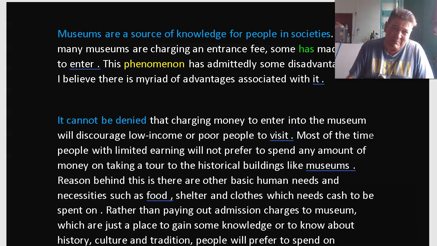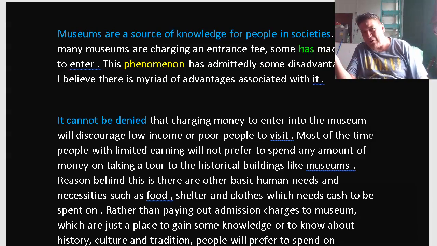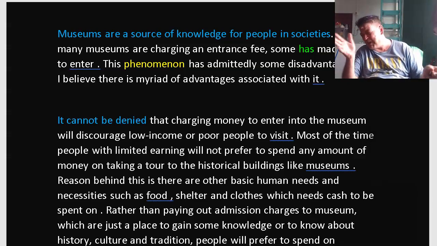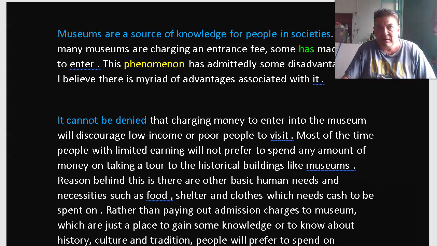"Most of the time, they don't prefer to spend money on taking a tour." You see the difference? Cannot be denied. Most of the time, they'd rather not. Okay, which is it? Neither one of them is supported, and you're contradicting yourself. You do not have a clear opinion.